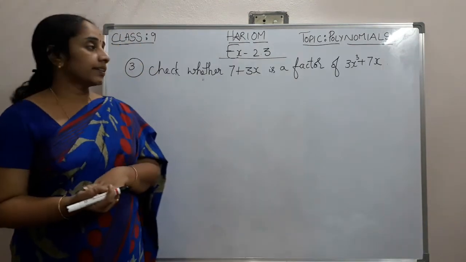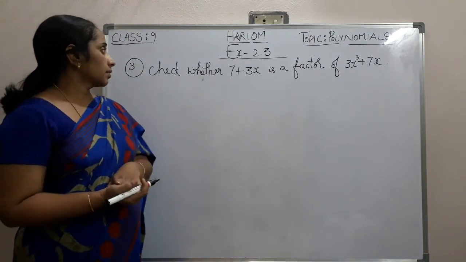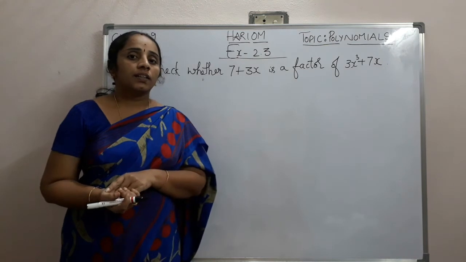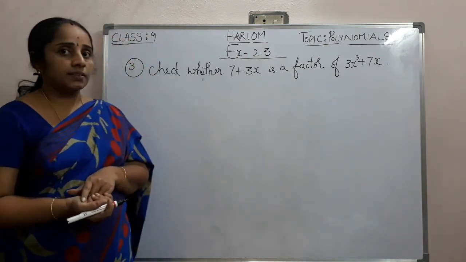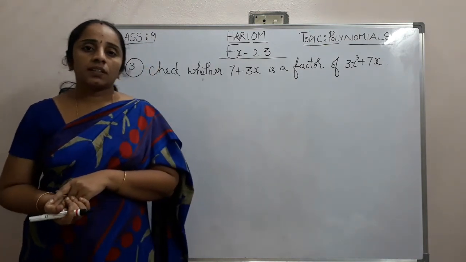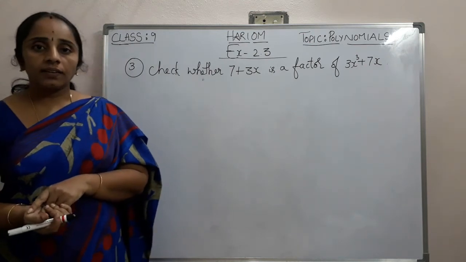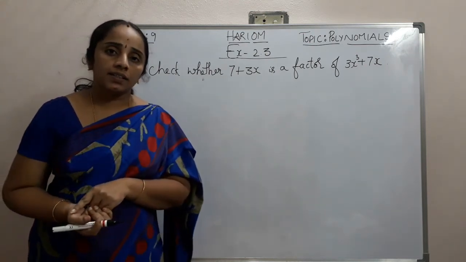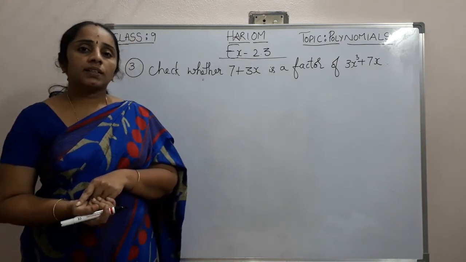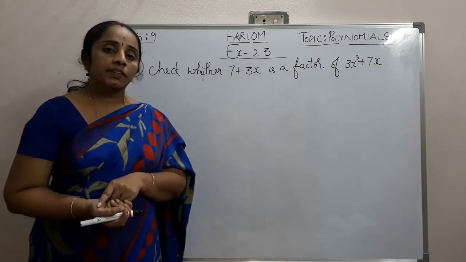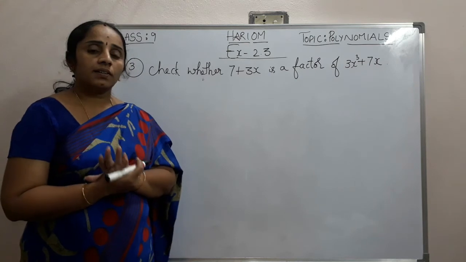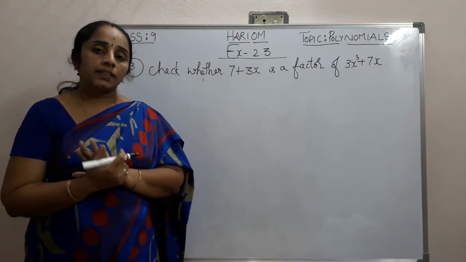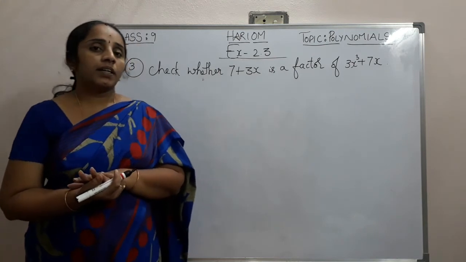Okay, here in this problem, check whether 7 plus 3x is a factor of 3x cube plus 7x. When we can say that something is a factor? When we get the remainder as 0, then we can say that the given divisor is a factor of the given polynomial, that is the dividend.